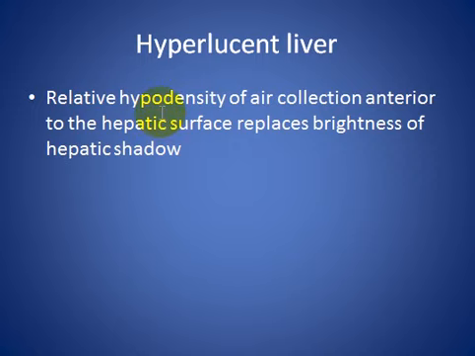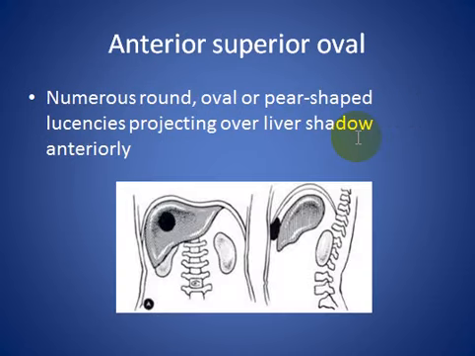Hyperlucent liver is a relative hypodensity from air collecting anterior to the hepatic surface, which replaces the brightness of the hepatic shadow.